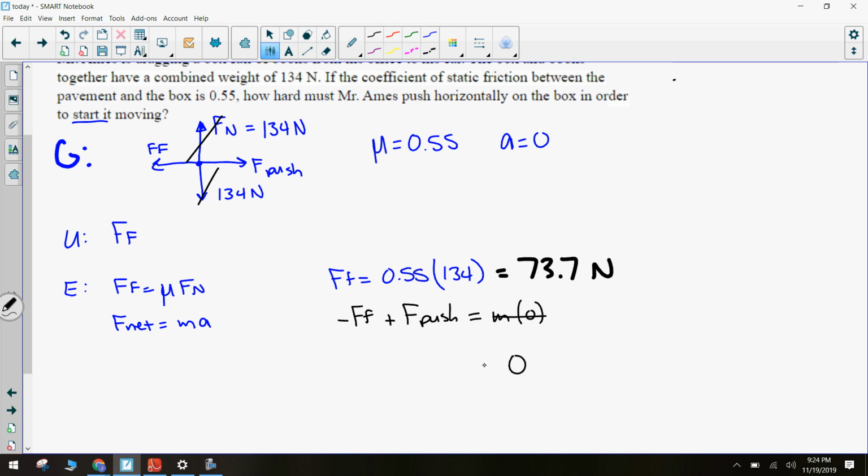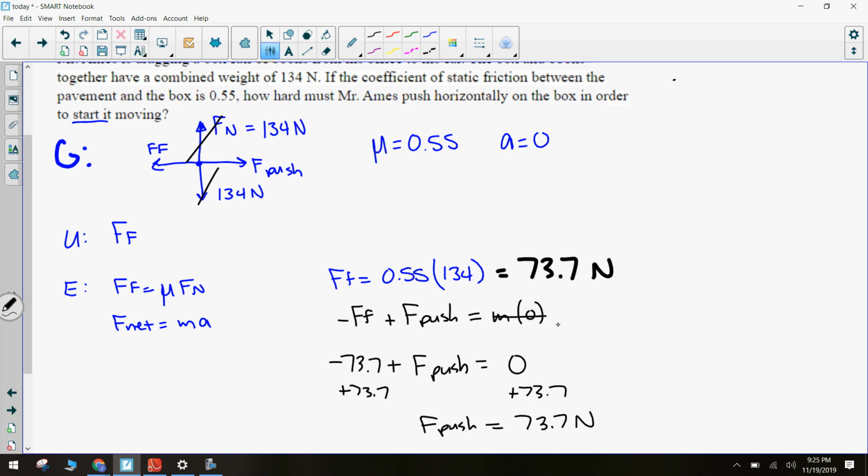We'll have 0 equals negative 73.7 plus our pushing force. Add the 73.7 to the opposite side, and we get that the force he is pushing with is 73.7 newtons.